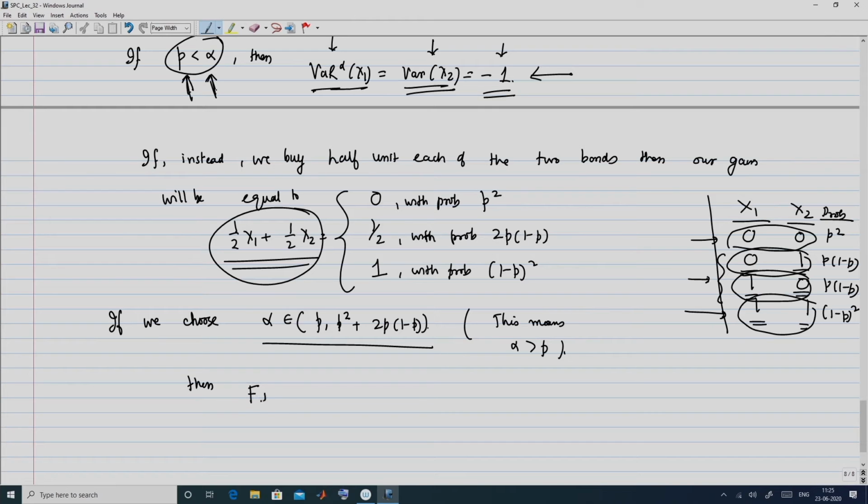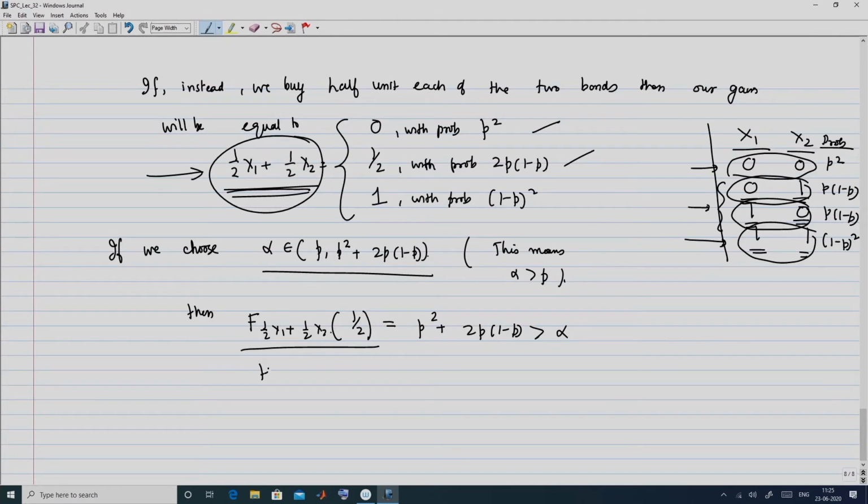the f(x), f of half x1 plus half x2, that means the distribution function of this random variable, the cumulative distribution of that when it takes the value half. So, this is going to be what? The cumulative distribution of this up to half is simply going to be this probability plus this probability, which is p square plus twice p into 1 minus p, which is greater than alpha. So, this means that my f(x) of x is greater than alpha, and hence what is going to be the smallest value for which this is greater than alpha.